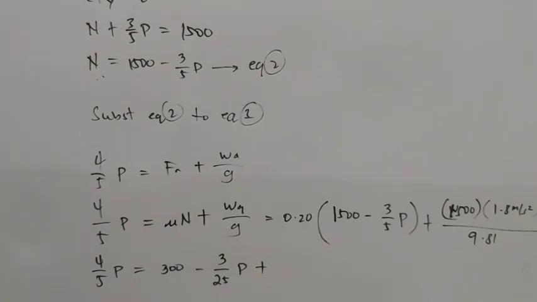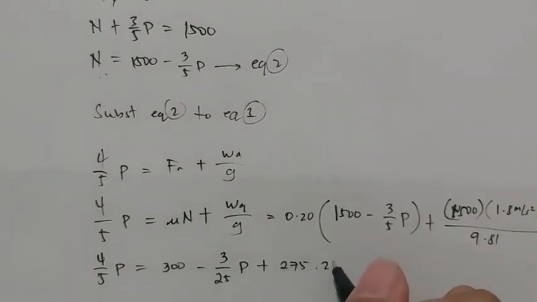So 1,500 times 1.8 over 9.81, we can get that it is 275.23.